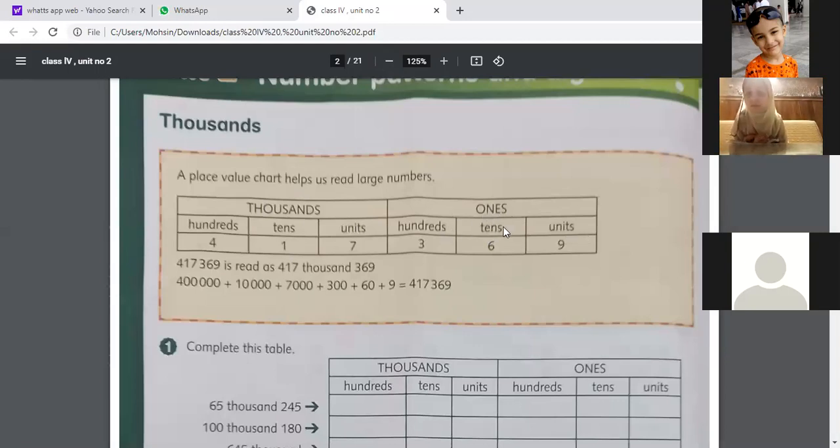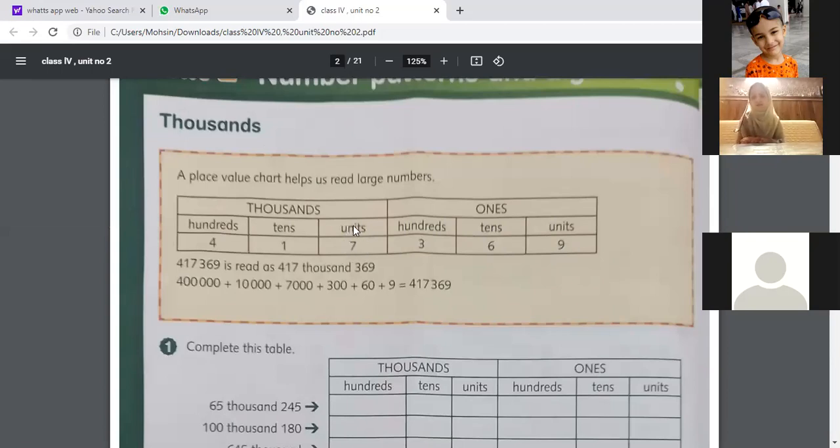Under ones they write unit, tens, hundreds. Then they write thousands. In thousands, the first value is units, the second one is tens, and the next one is hundreds. So this one is unit, this one is tens, this one is hundreds, then this one is thousands, but a single thousand.